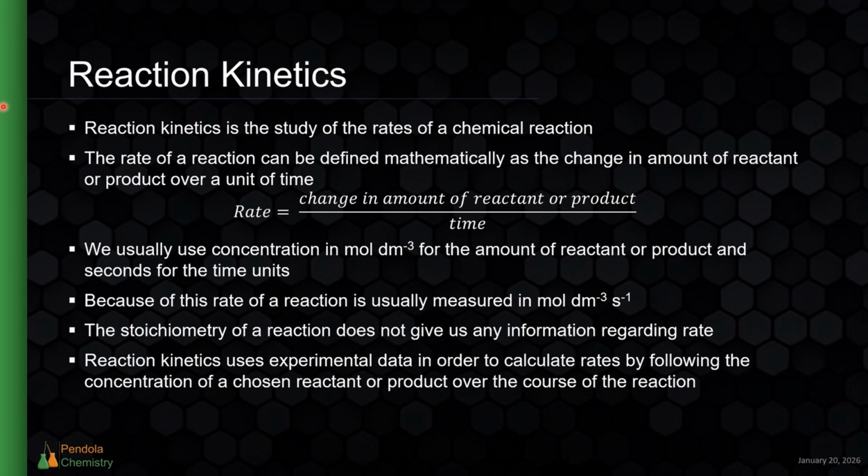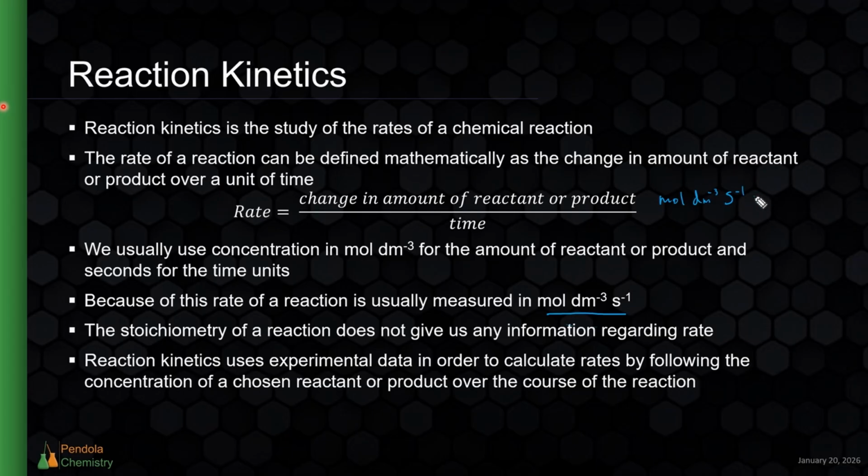Because the change in amount of reactant is a measurement of concentration, in moles per cubic decimeter, or mol dm^-3, and time is measured in seconds, that leaves us with most rates being measured in units of mol dm^-3 s^-1, or moles per cubic decimeter divided by seconds.